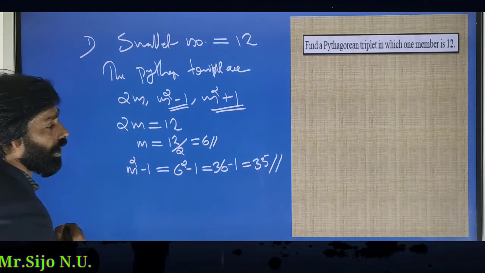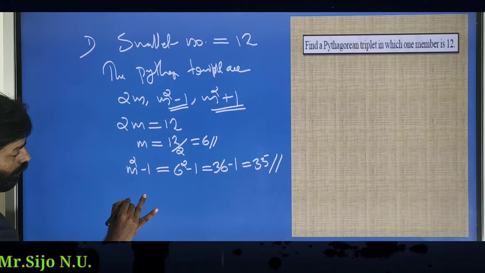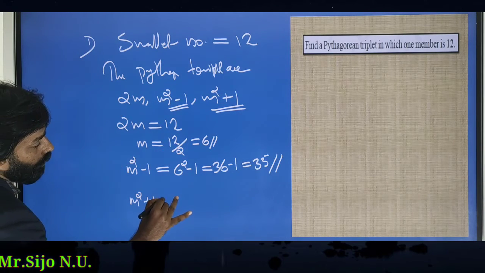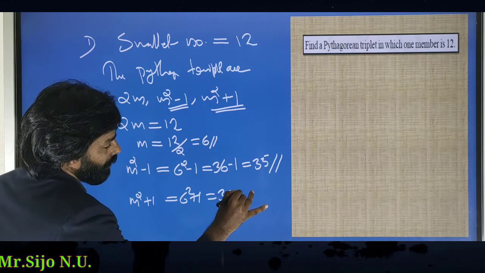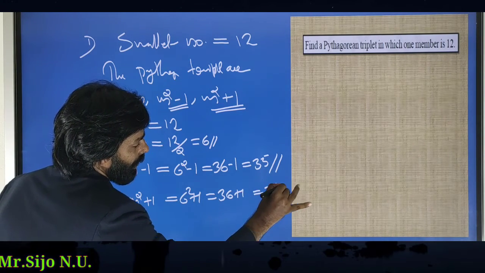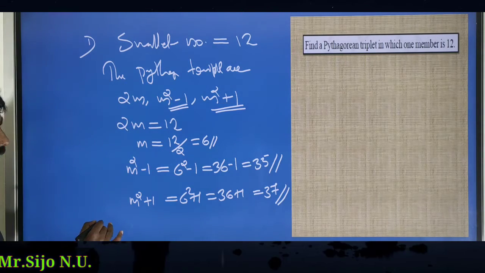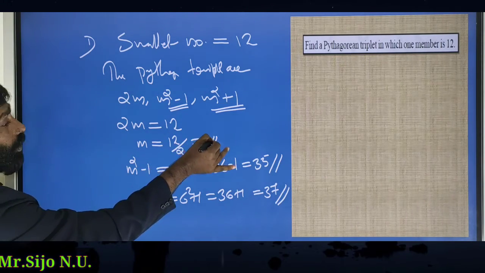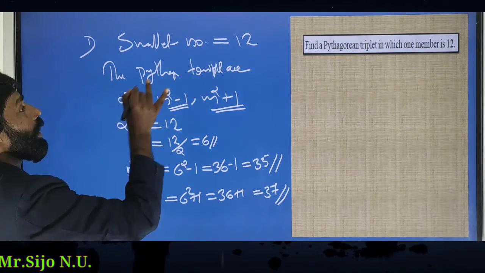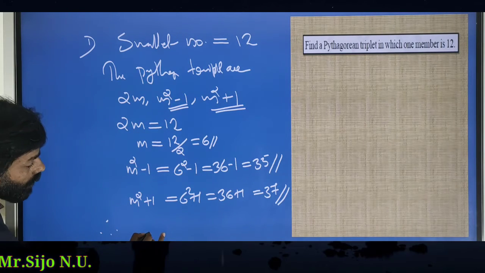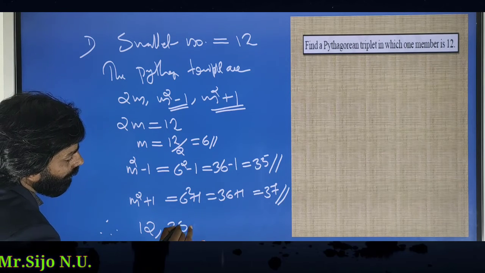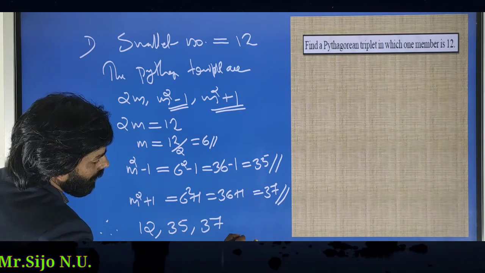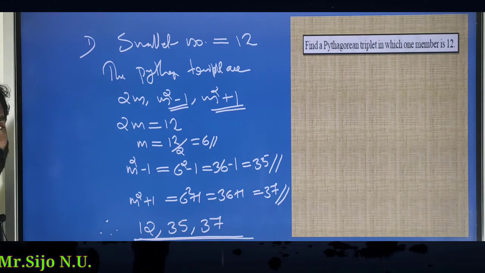The third number is m square plus 1: 6 square plus 1 is 36 plus 1, which is 37. The first number is 2m, which means 12. So the Pythagorean triplet is 12, 35 and 37.